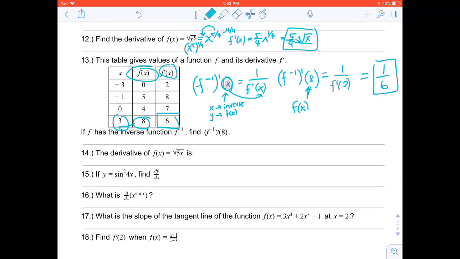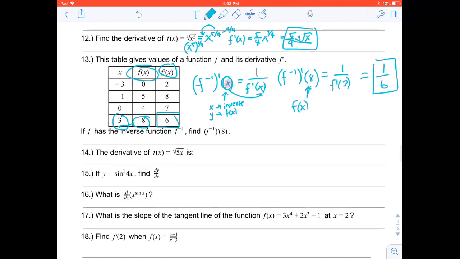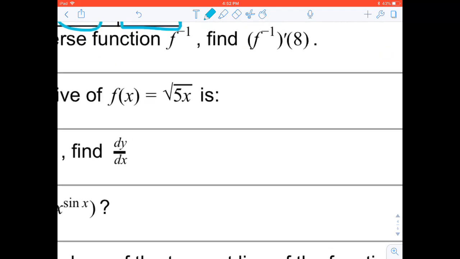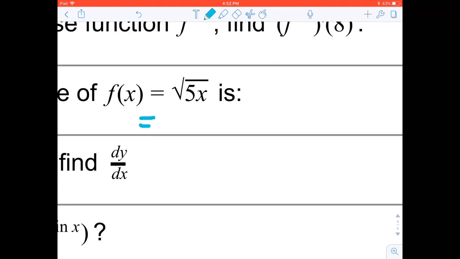So number 14 is a chain rule. We all love the chain rule. We need to rewrite this before we take any derivative. So 5x is the inside, and we have a power of 1/2 on the outside because this root is on the outside of that whole function there, 5x.